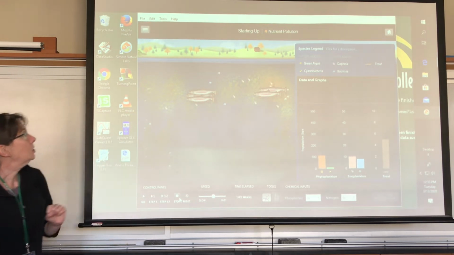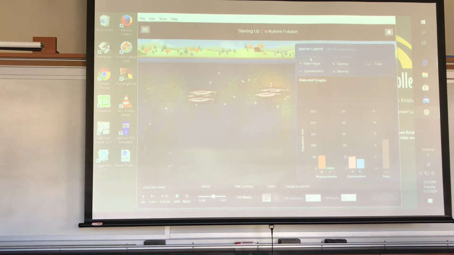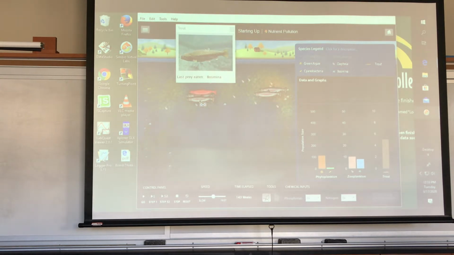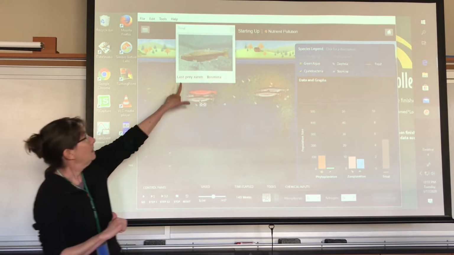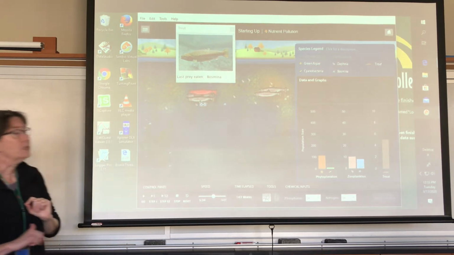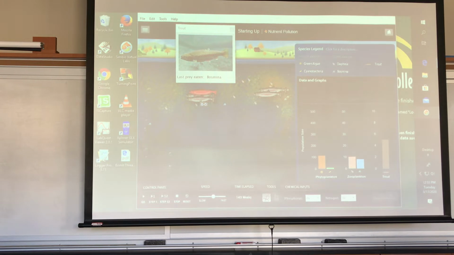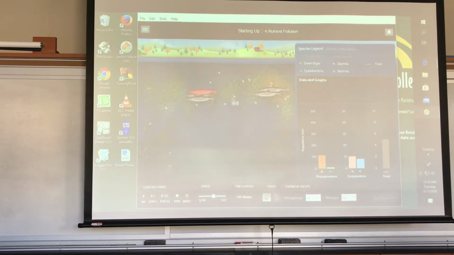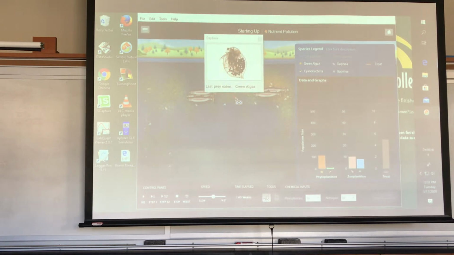So let's take a look back at our lake and see what's happened. We have these little binoculars that we can look at, and we can click on our different organisms. Our trout, the last prey that it ate was Bosmina. And we can then close that and look at our Daphnia.